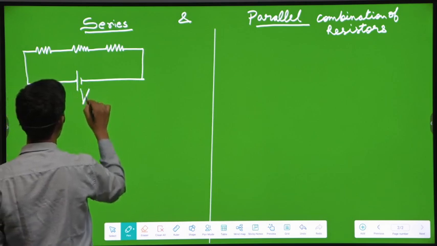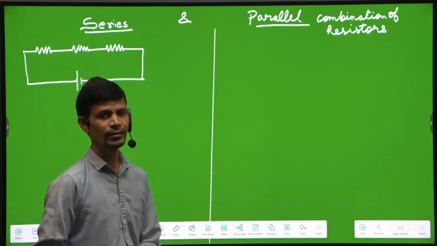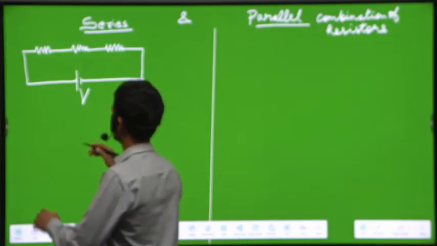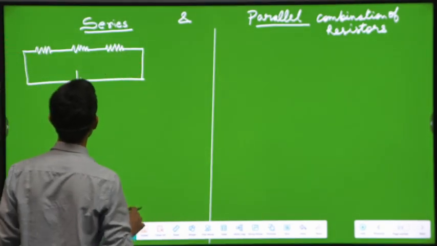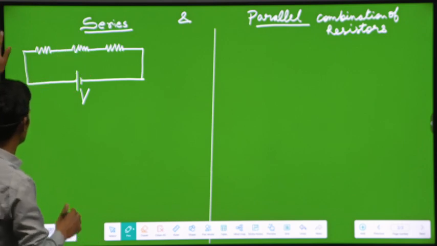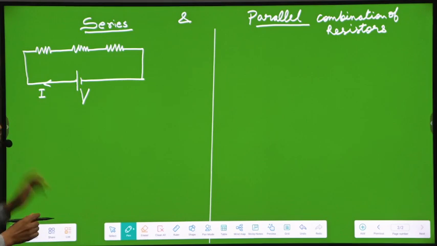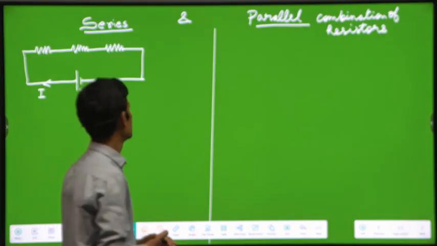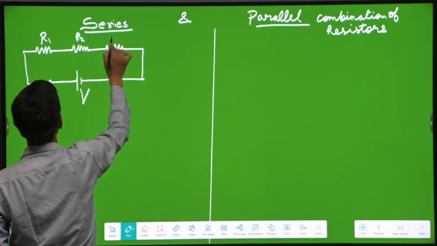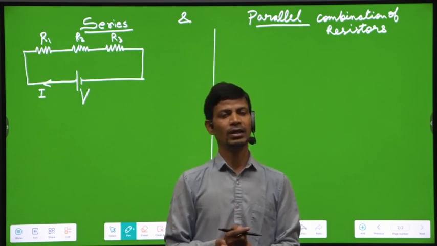And the potential difference applied to the circuit is V. And if there are some resistors, according to their overall resistance, there will be some current also. Let us suppose current I is flowing through the circuit. This resistance is R1, this is R2, this is R3. They can have the same magnitude, they can have different magnitude.